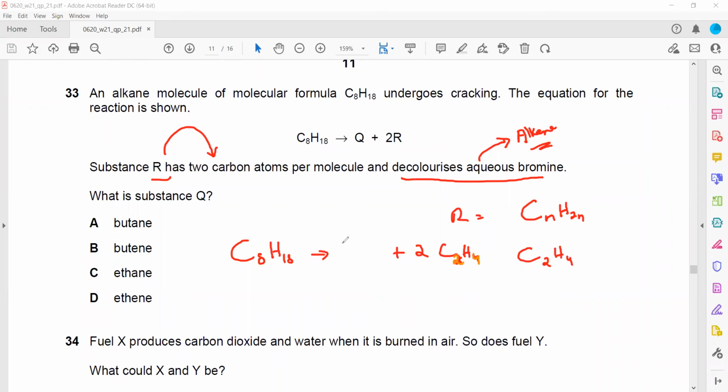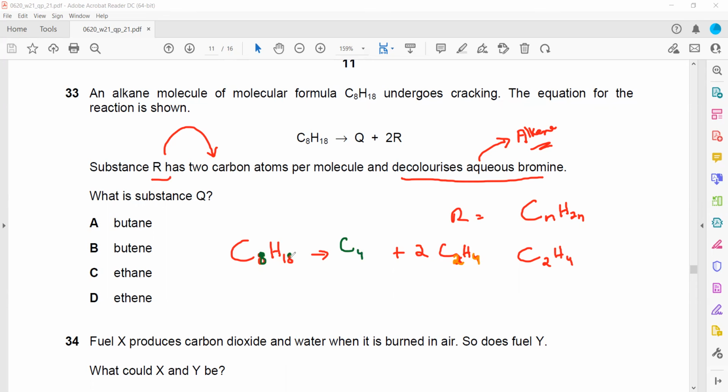The total number of carbon atoms on the left and right hand side should be the same. On the left hand side we have a total of 8 carbon atoms, so on the right hand side we should also have 8 carbon atoms. 2 multiplied by 2, 4 are already there. So how many carbons should be in Q? 4, because the total should be 8.